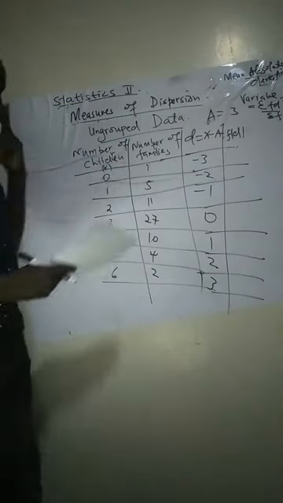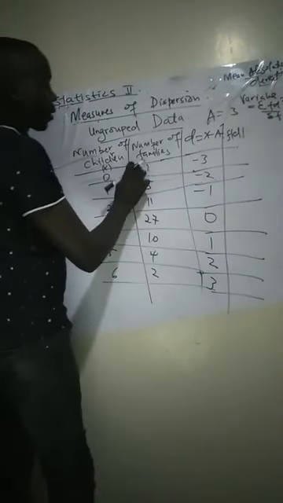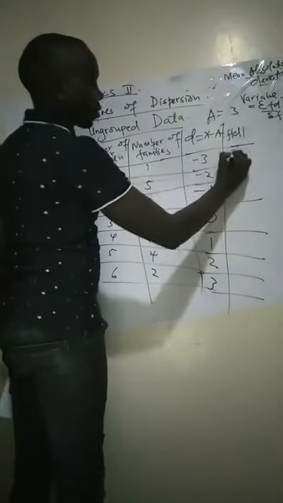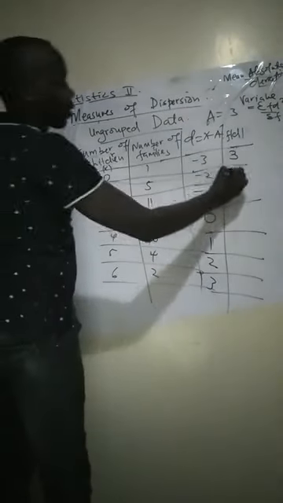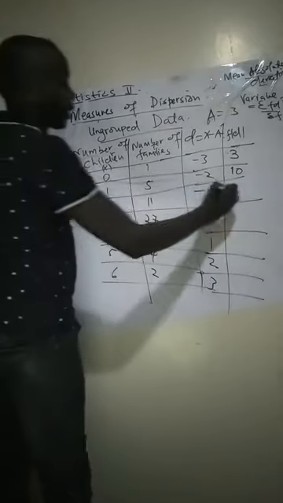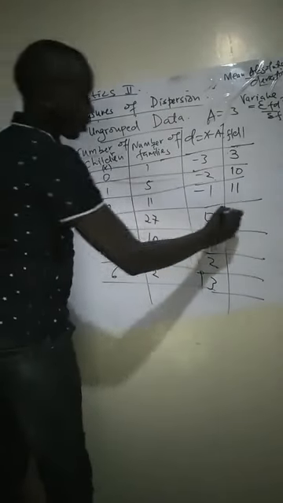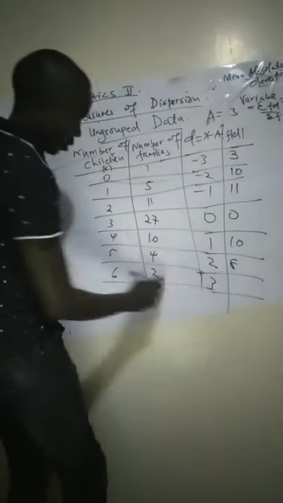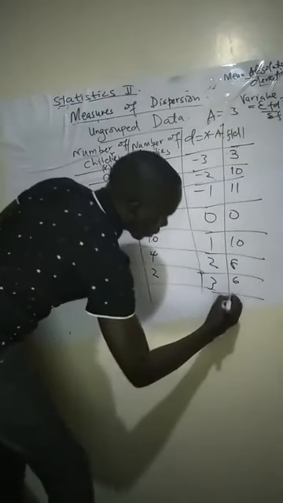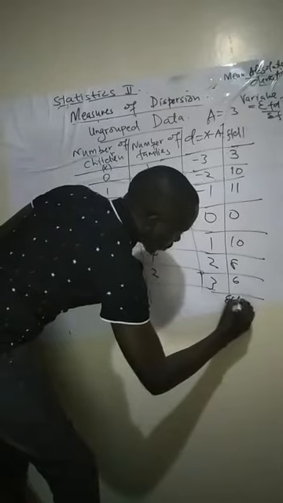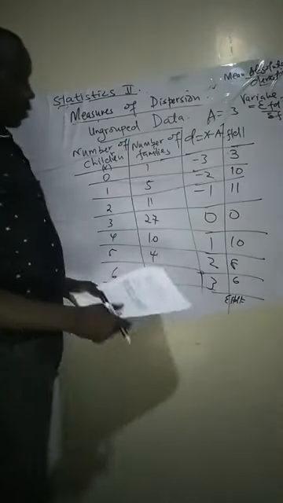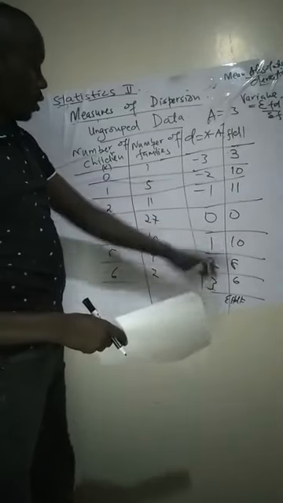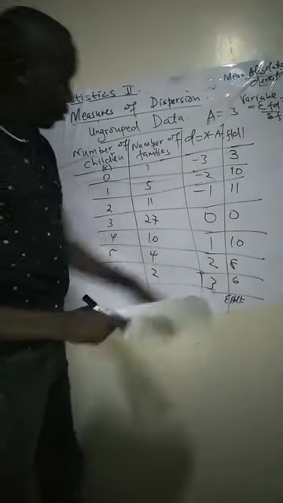So it's the frequency: 1 times negative 3, in this case you ignore the negative sign, so that will be 3, 5, 2, positive 10, 11, 1, 11, 0, 10, 8, 6. Then the summation of fd absolute: 3, 13, 24, 24, 34, 42, 48.